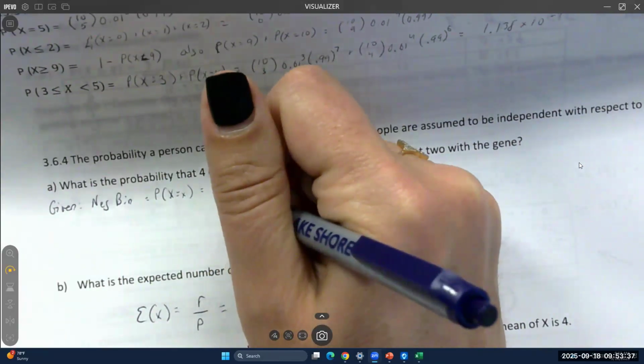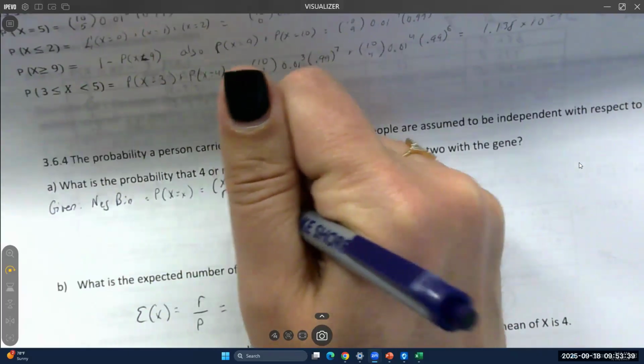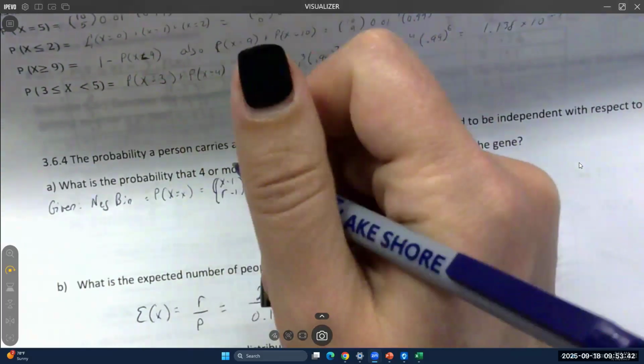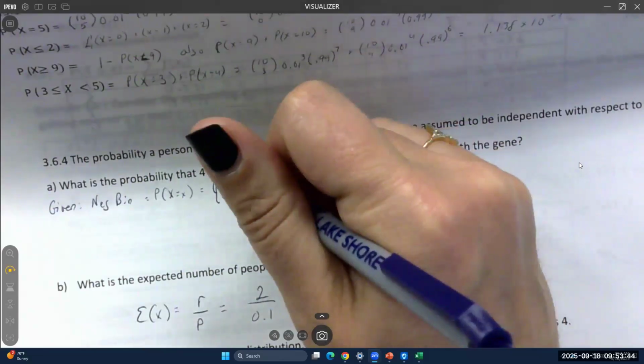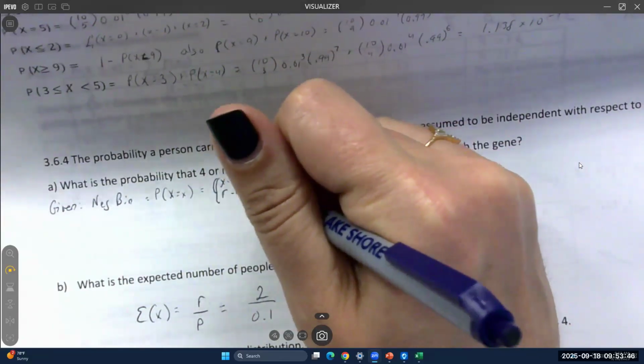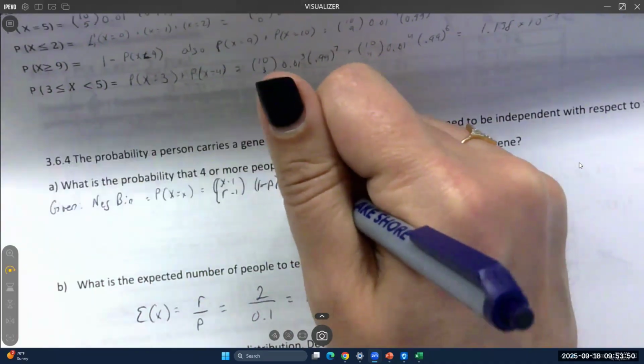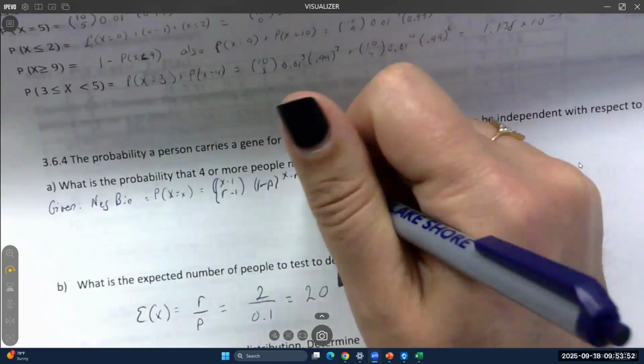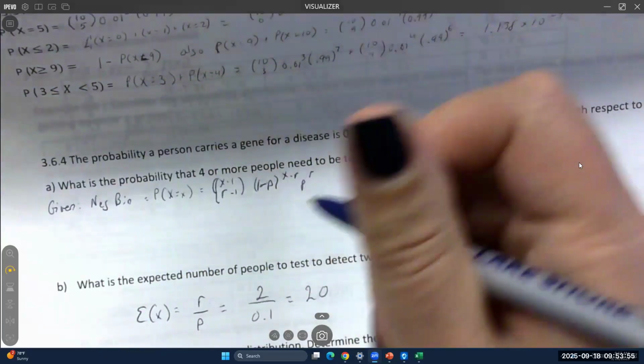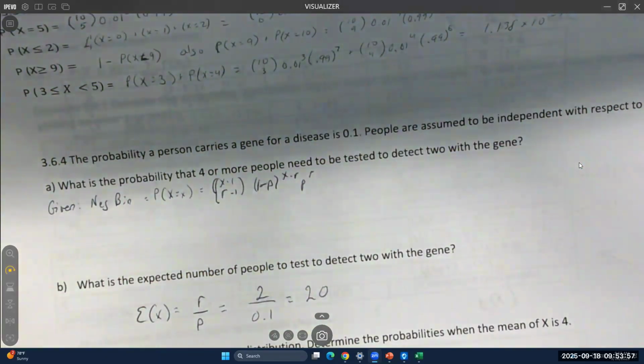That is our base formula, and that's for the permutation there. And then we have 1 minus p to the x minus r multiplied by p to the r. So that's where I'm starting, with the negative binomial.